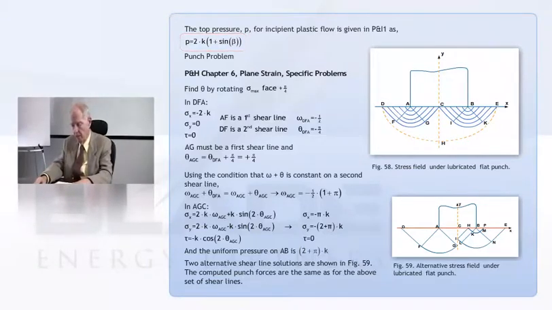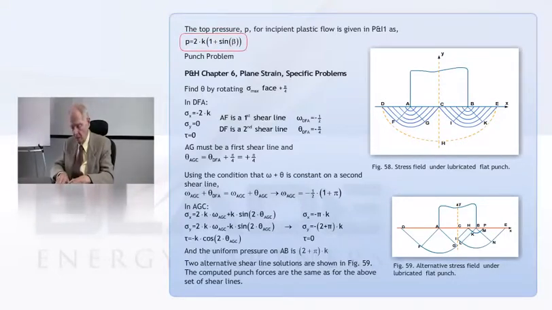As you push on the plane, you will develop a flow field, and you've got to push the material that's under the punch to the side somehow. So you can see in that sketch that this was worked by putting 4 constant state fields in and joining them with some centered fans.